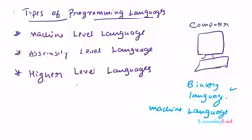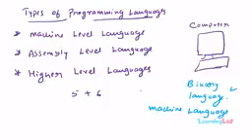For example, in this higher level language, one could write the instruction to add 5 and 6 like this. So this 5 plus 6 is a lot more similar to the human language. Just by looking at the code, one can understand what we are trying to do.